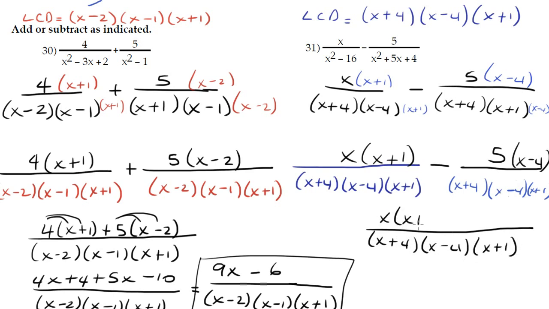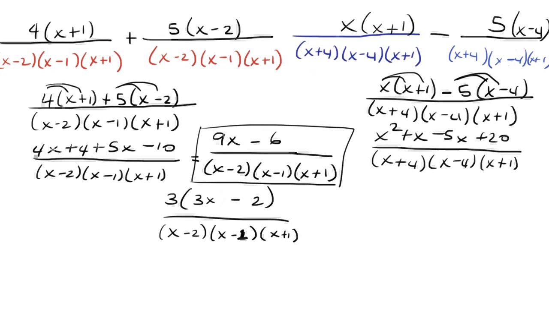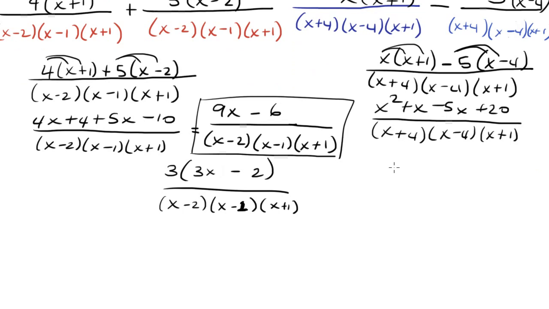X times x plus 1 minus 5 times x minus 4. Distributing: x squared plus x minus 5x plus 20 over x plus 4, x minus 4, x plus 1. Continuing, let's combine our like terms here.